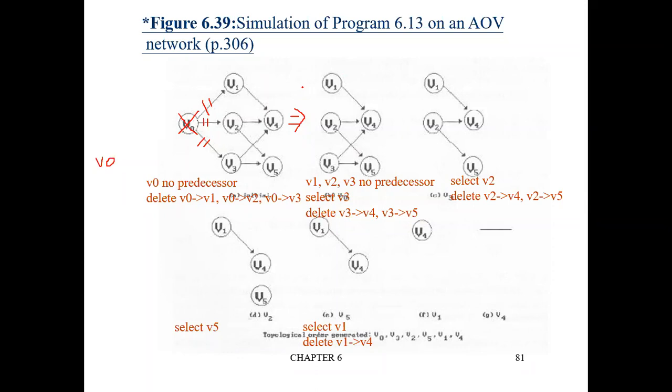Which vertices have 0 in degree? V1, V2, V3. Yes, good. From these, you pick any one vertex.